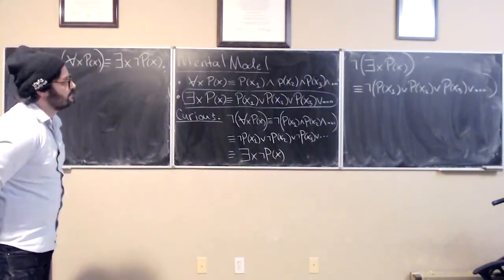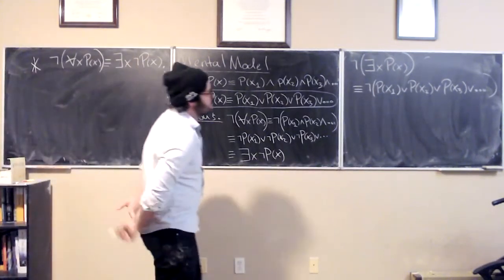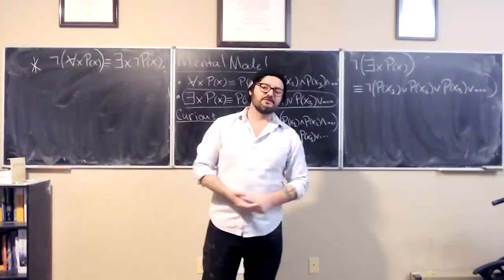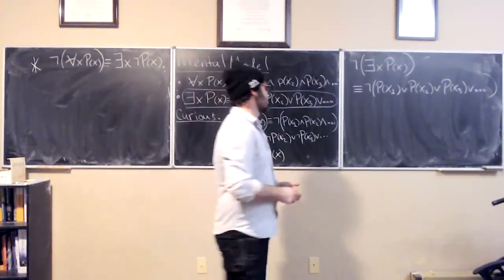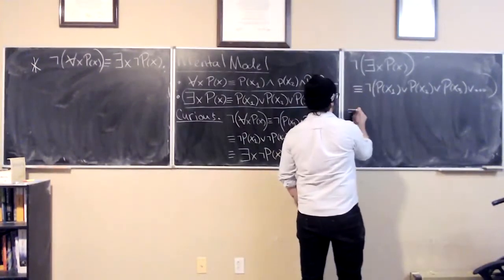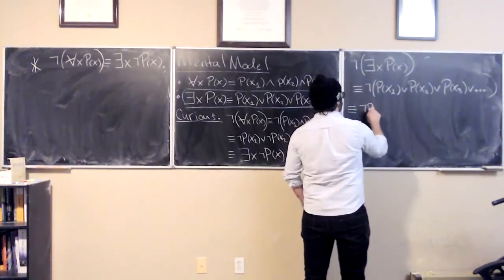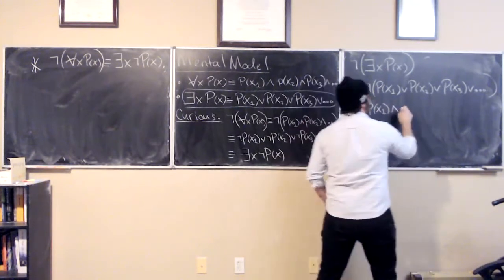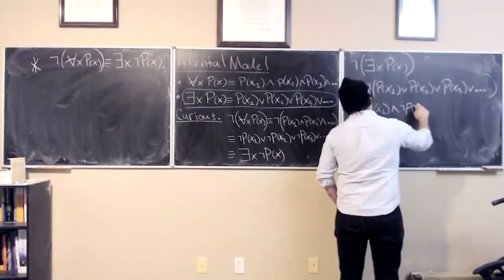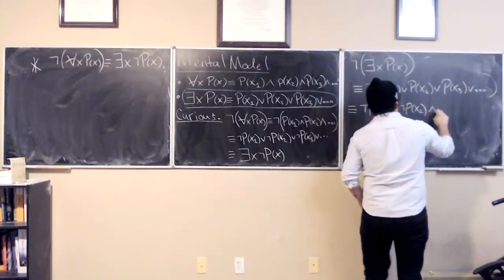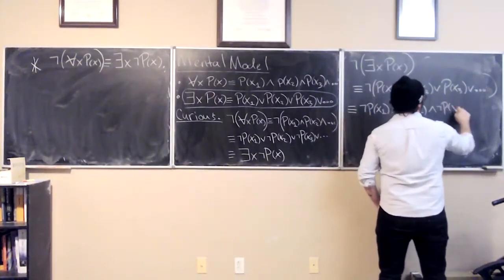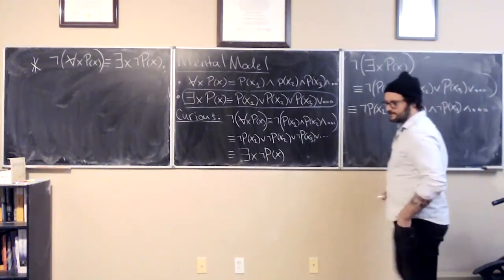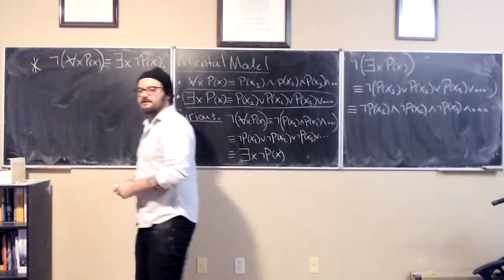Now, again, we apply De Morgan's law. The negation of the disjunction becomes the conjunction of the negations. So this will become not P of x1 and not P of x2 and not P of x3 and dot, dot, dot, off to enumerating everything in the domain of interest.